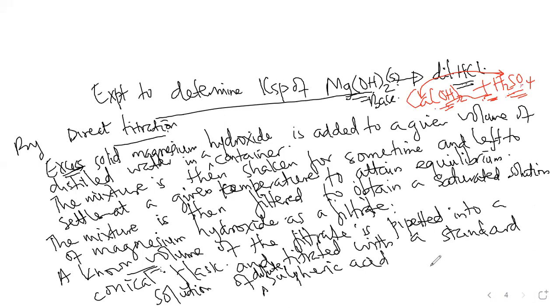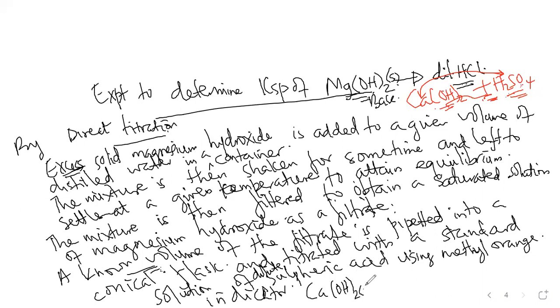The standard solution of dilute sulfuric acid. Specify the indicator you are using. So we shall use methyl orange indicator here. Then you write the equation for your reaction. Oh, I'm thinking of calcium now.